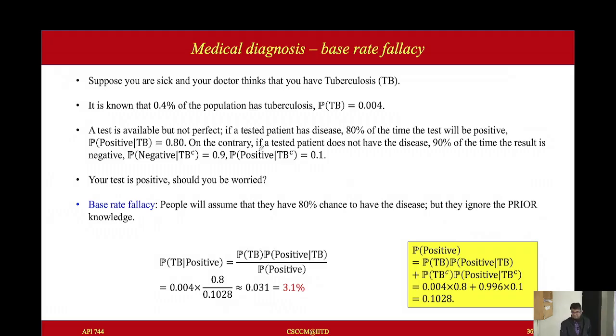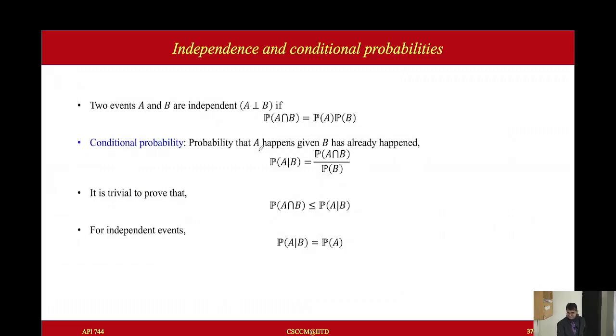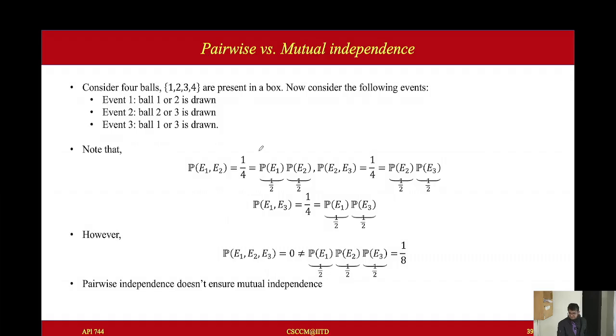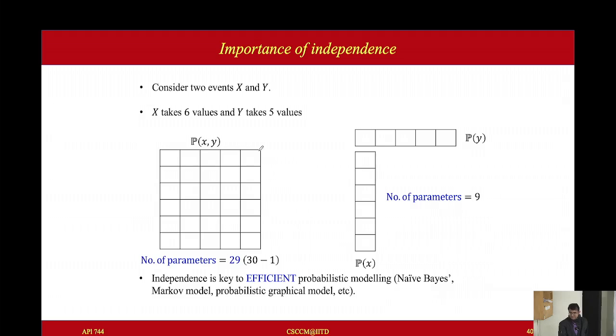This is known as the Bayes rate fallacy. You should study this. Independence, conditional probability we're talking about. Conditional independence, this is a diagram I was drawing, right? Pairwise and mutual independence I did not cover, but you can check it out. Importance of independence is not so much needed for this course, so I'm skipping it, but basically the number of parameters reduces.